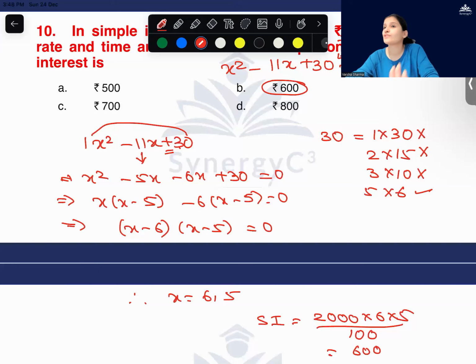Put 2, put 3. The two numbers that give you 0, those are your answers. So go for trial and error if you don't know the factorization. Understood what I just said? You have the constant 30. Whatever numbers divide 30, go for trial and error in this particular equation. Whichever gives you 0, those are your factors.